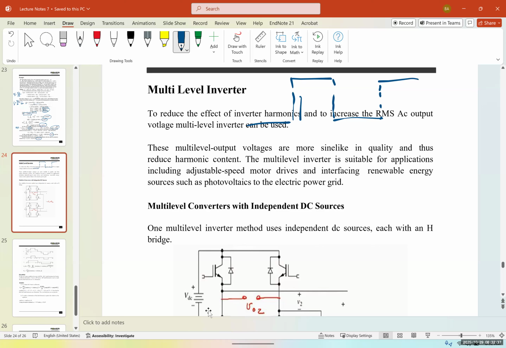Because we are suddenly, again, moving from positive to negative to positive. And what we want, actually, the desired signal is something like this, but what we are getting is a square signal.